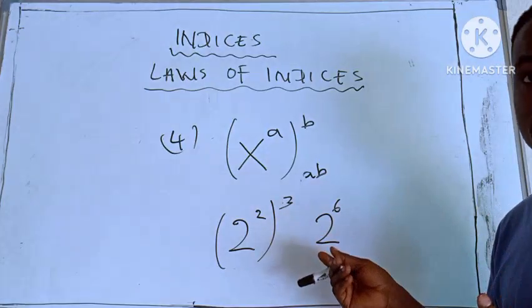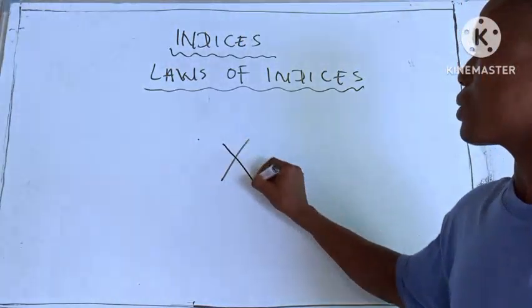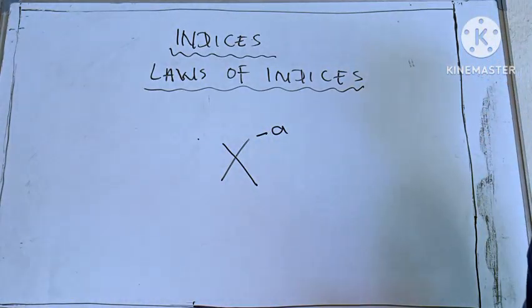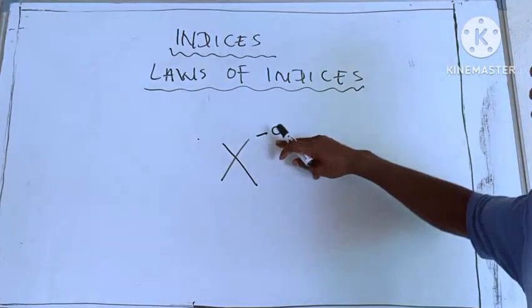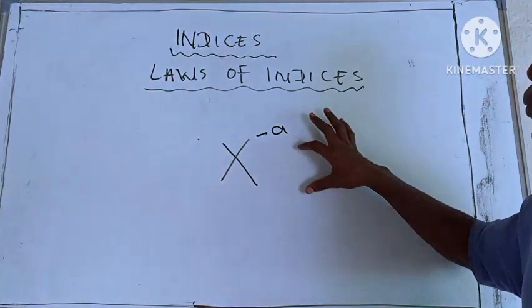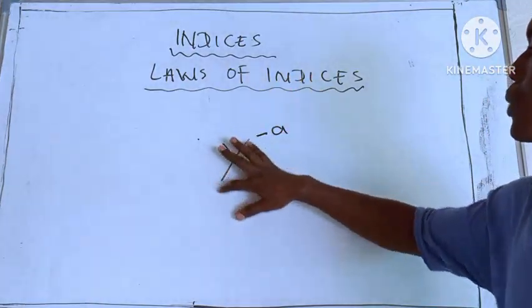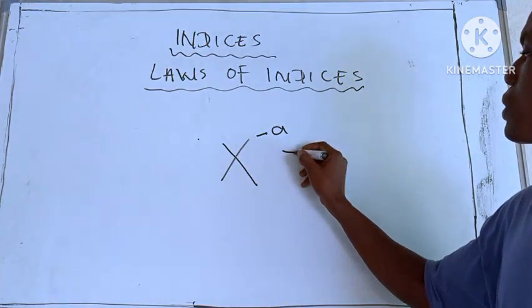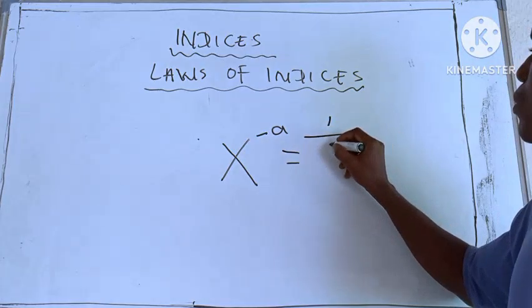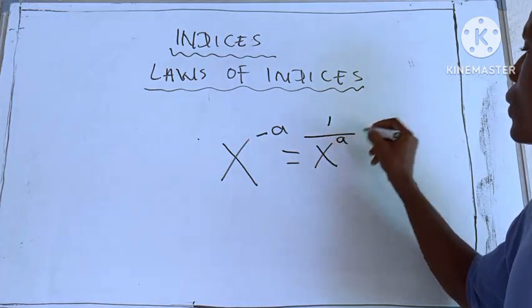So let's move to the fifth law. Let's say we have x raised to power minus a. This law means that we can change this to this format. It will be 1 all over x raised to power a.